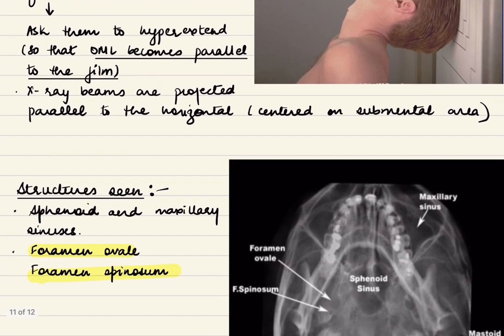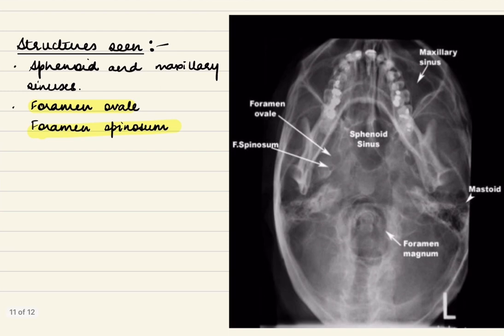Now what structures do we see? We see mainly the sphenoid sinus on this view. As you can see, this is the right sphenoid sinus and the left sphenoid sinus. We also can see the maxillary sinuses and a couple of important foramina, that is the foramen ovale and the foramen spinosum.